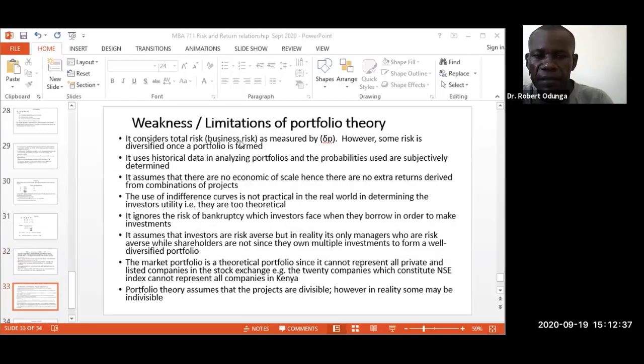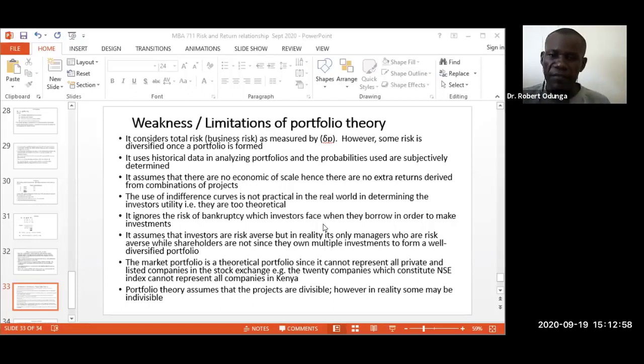Then we have weaknesses of portfolio theory. Portfolio theory is what we saw last time, and we did the risk-return trade-off, and we were able to evaluate projects based on the risk and return, as we saw yesterday. As a model, it has its own limitations.